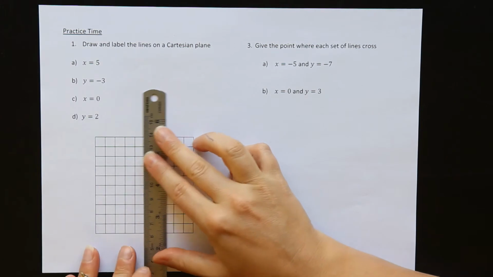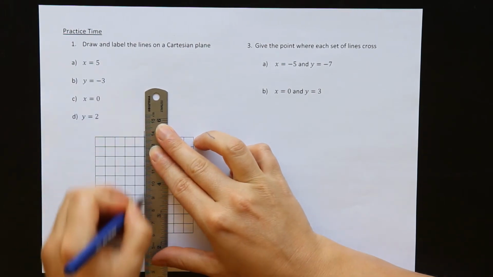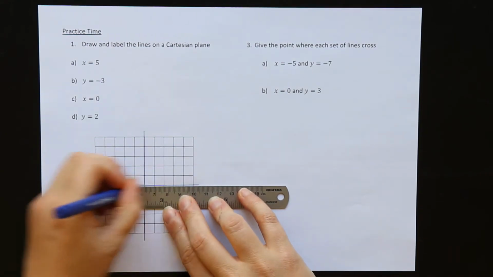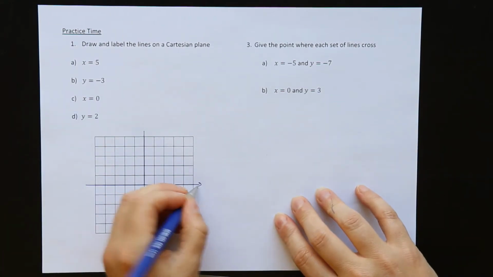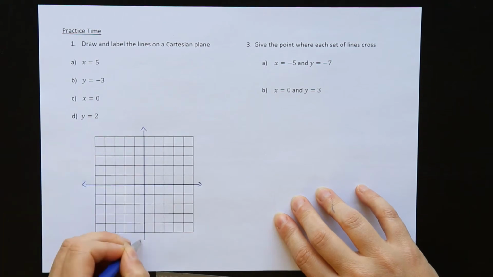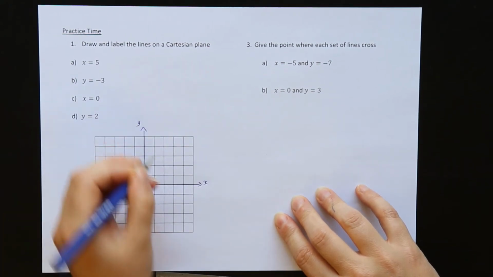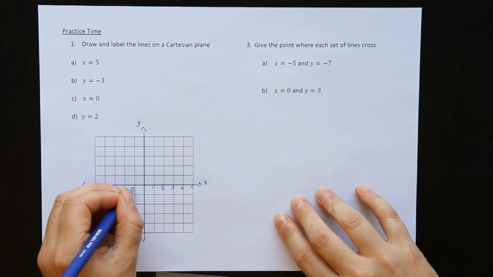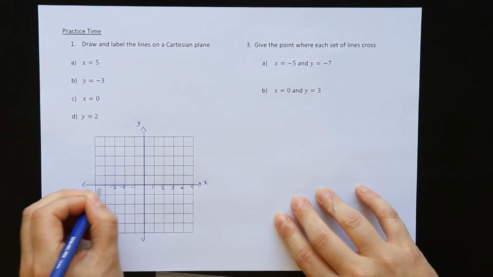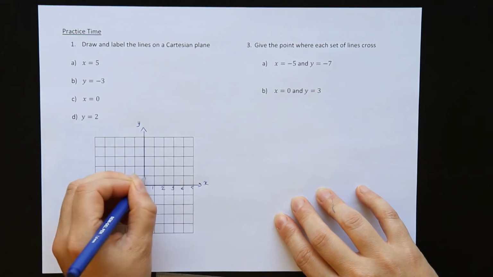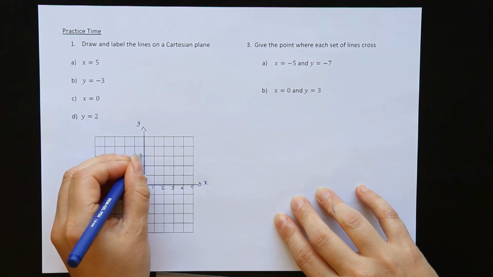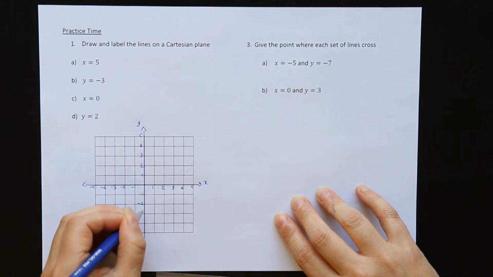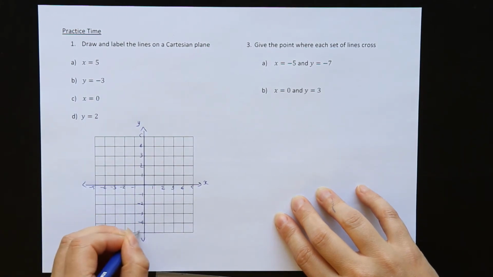Okay, let's quickly draw a Cartesian plane. X and y, 1, 2, 3, 4, 5, and the negative side, positive y values and negative y values.